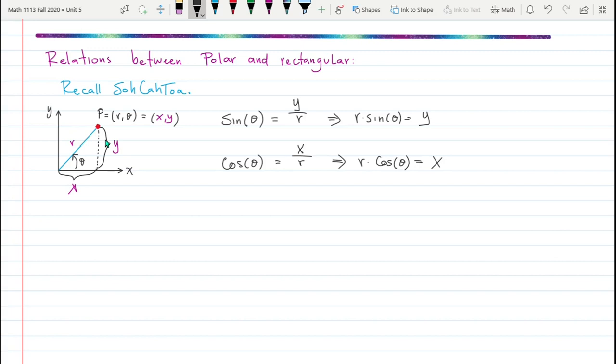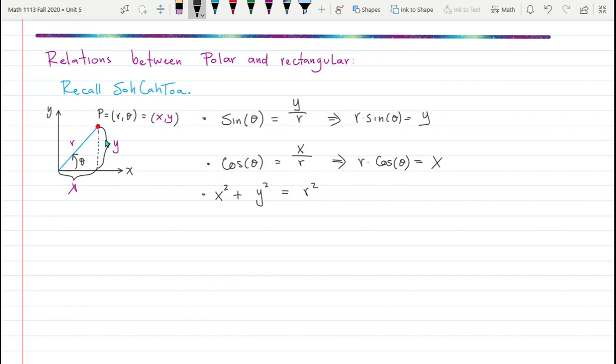Then we want to bring in some of the other old definitions. Remember the Pythagorean theorem in some sense: the distance of x squared plus y squared is equal to the same distance as r squared.